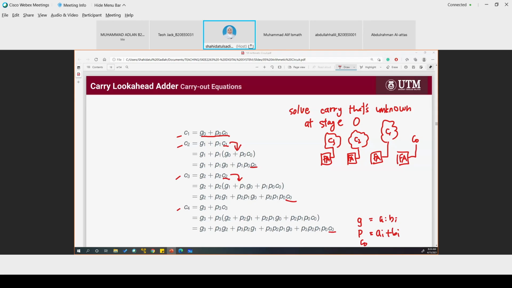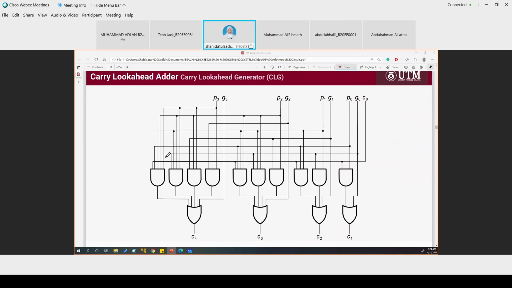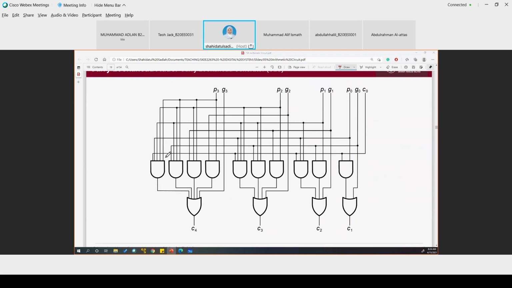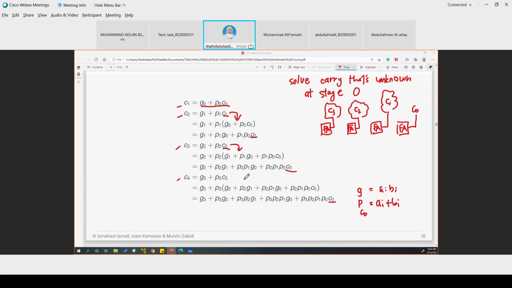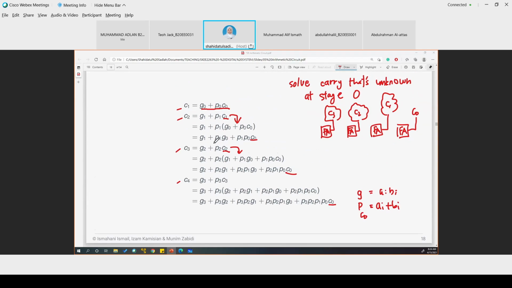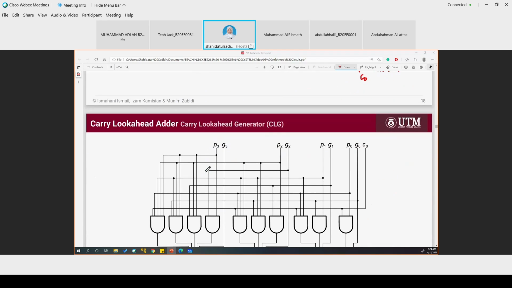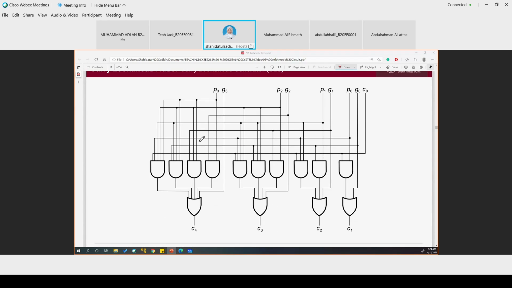So if this is good, then what is the delay, right? Before that, we can realize the calculation of C1, C2, C3, C4 into a circuit that looks like this.